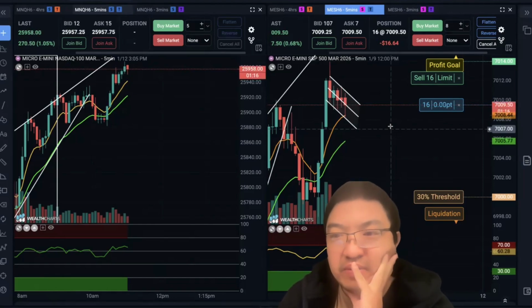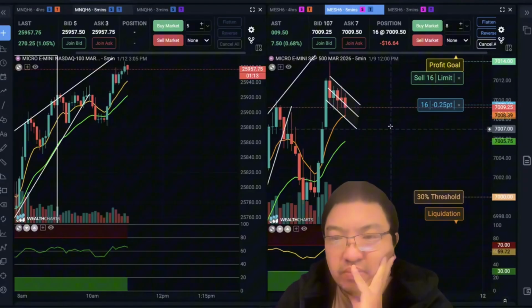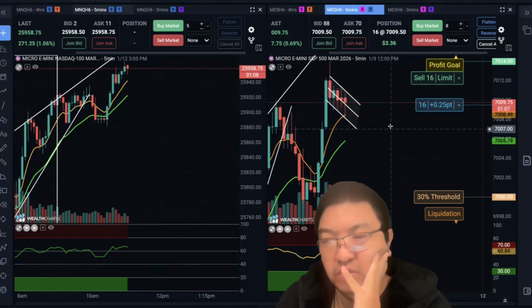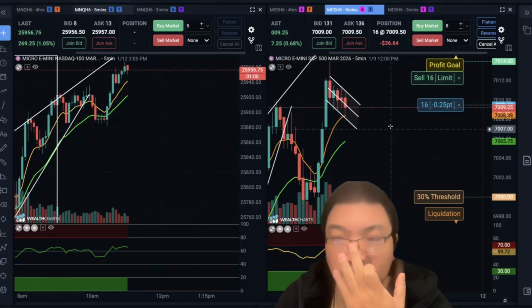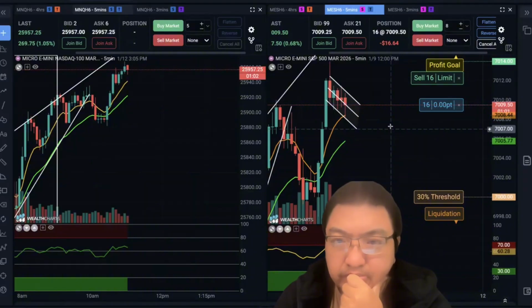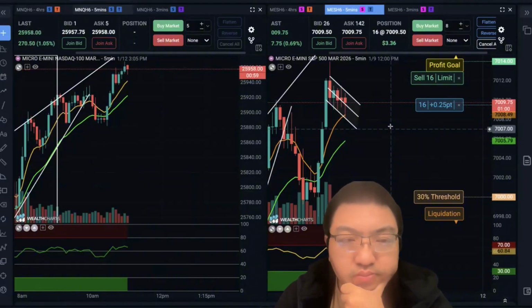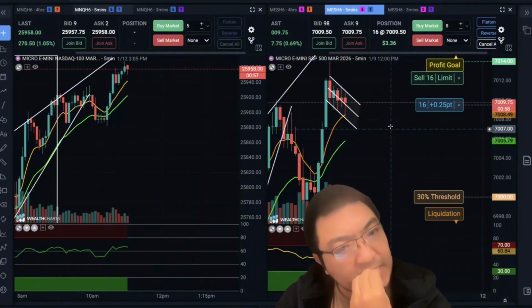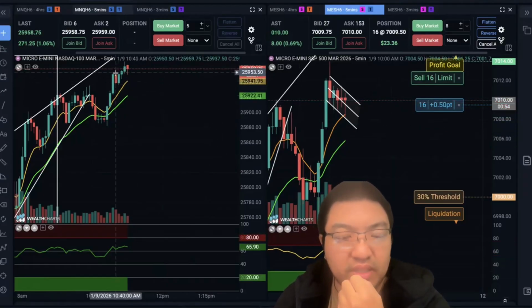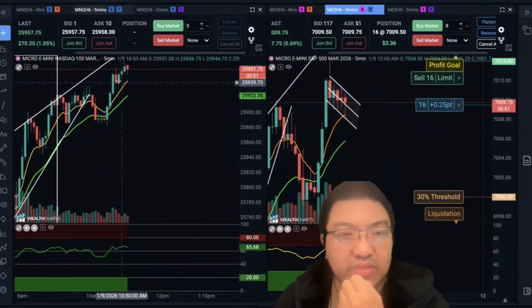Let's see. One versus 1.5. But do not make a decision based on one single candle.